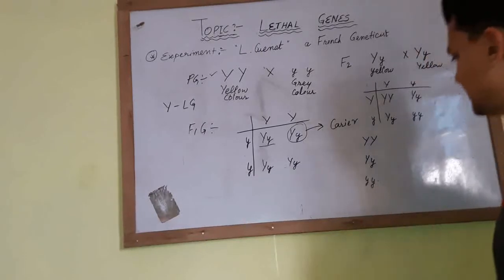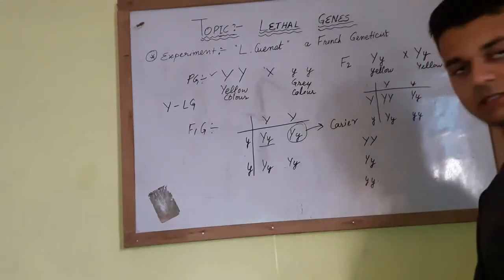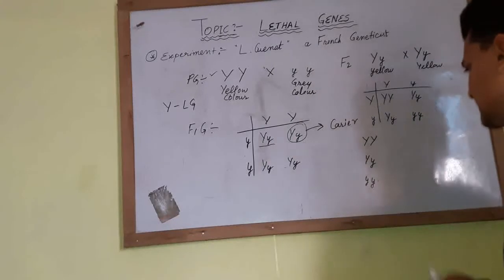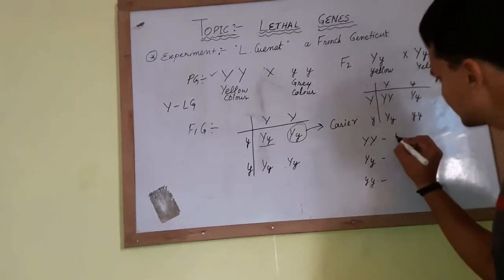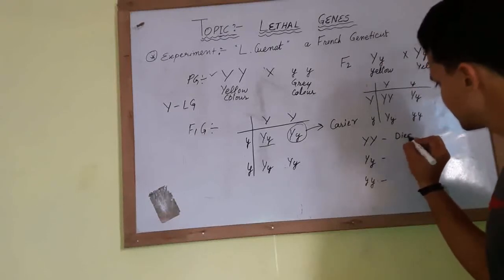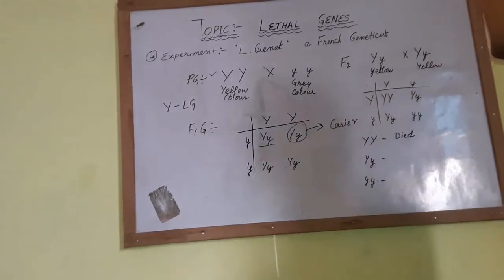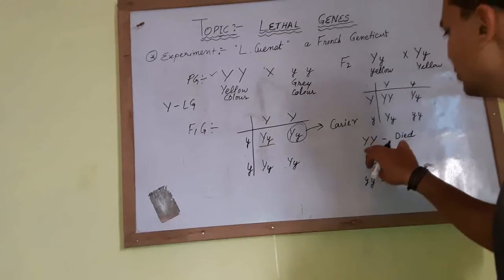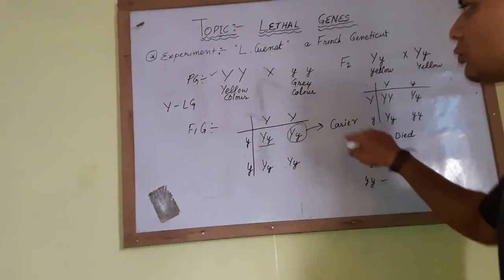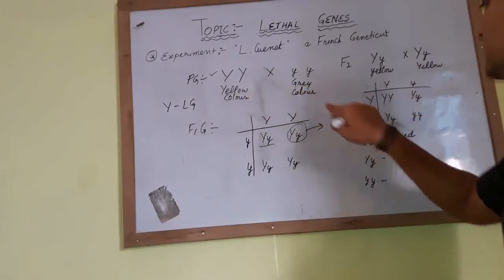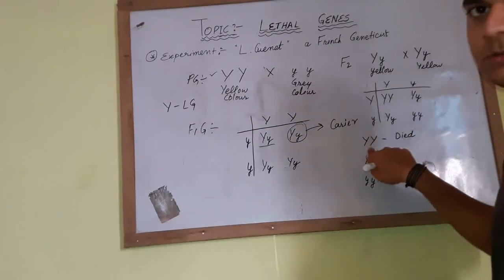So these are the 3 offspring that we got, or the 3 results. The first result had the quality that it died, right? The pure homozygous yellow colored offspring that had all the qualities of this parent actually died.